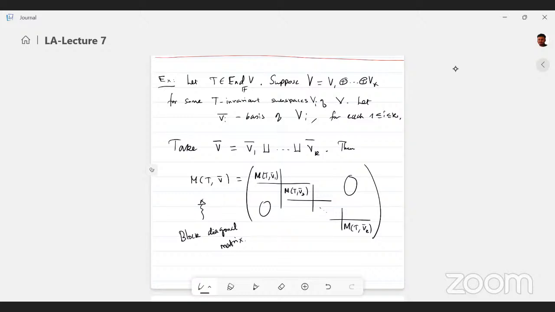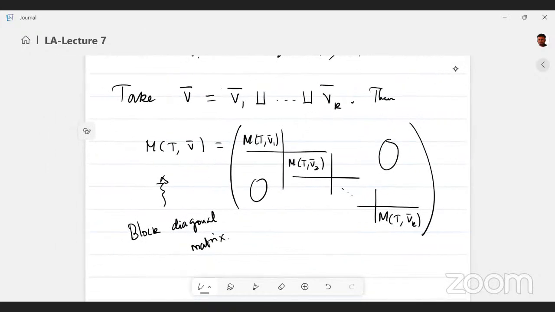Suppose some 10,000 by 10,000 matrix is given. If we can write it as a block diagonal matrix with blocks of size 10 by 10, or at most 50 by 50, then you can focus on a particular block and try to understand that. Again, this is the same as the divide and rule policy.